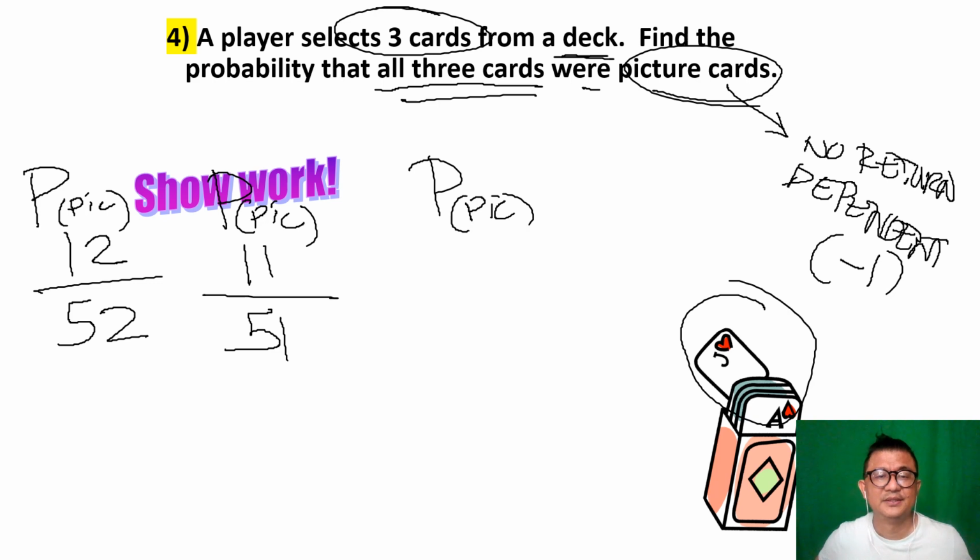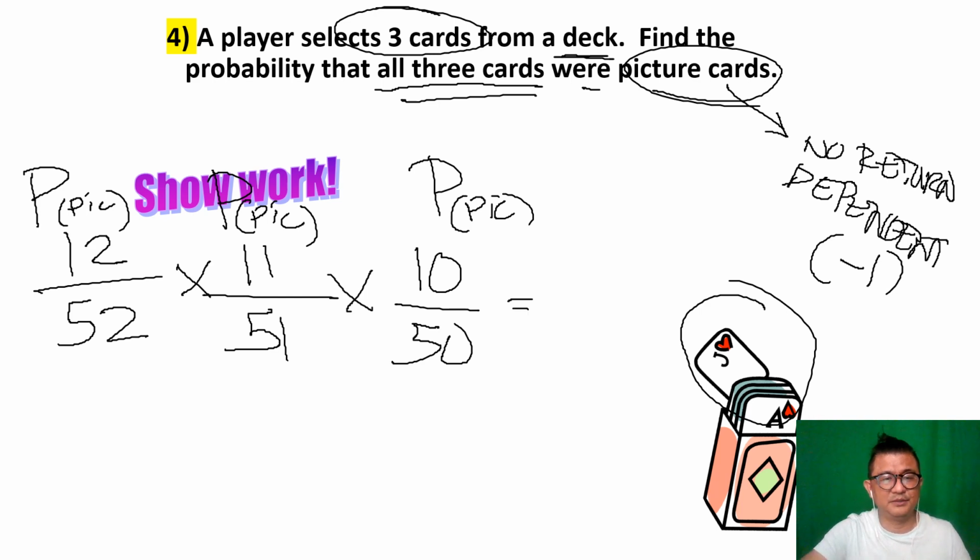Are we good? Next, the probability of getting the third card with a picture face is what? 10, because you already took 2. And will it still be a total of 51? No, there's only 50 cards left. Okay, these are the three probabilities. Now I can multiply. Before I multiply, that's a big number.